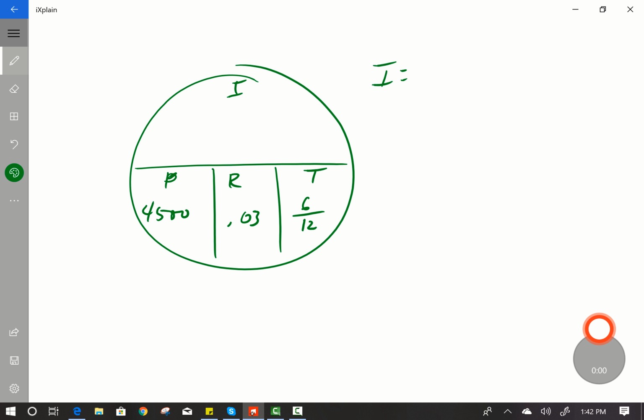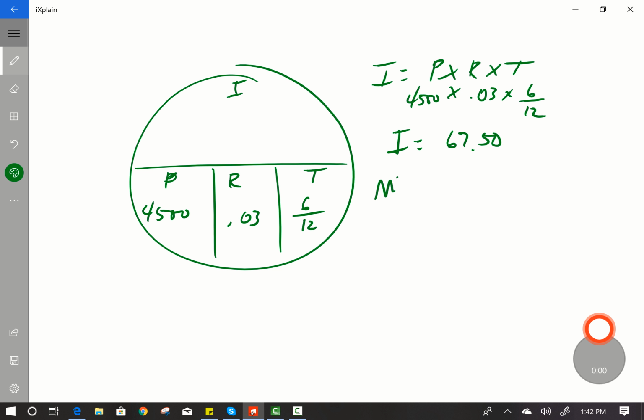Interest is equal to principal times the rate times the time. So that's 4,500 times 0.03 times 6 divided by 12. And that's going to give us interest of $67.50.